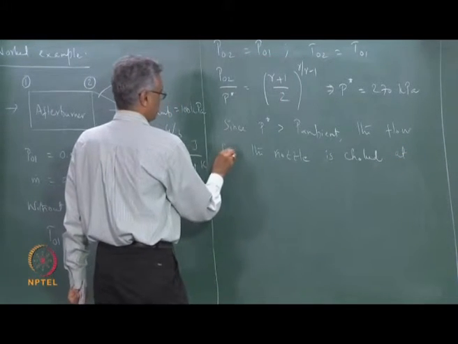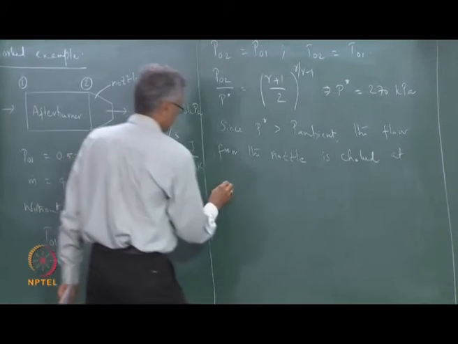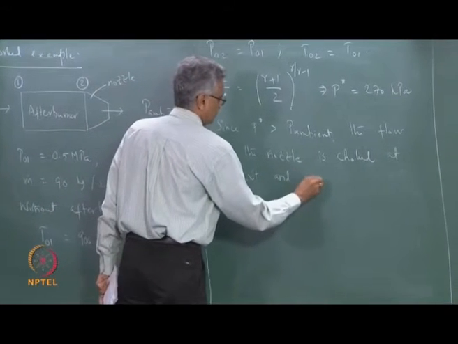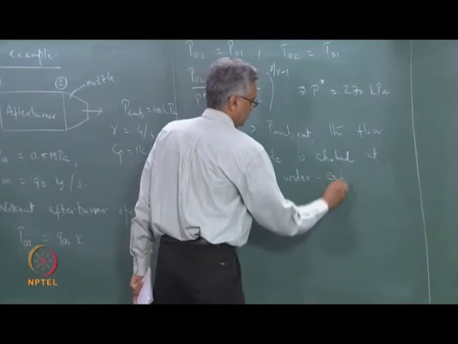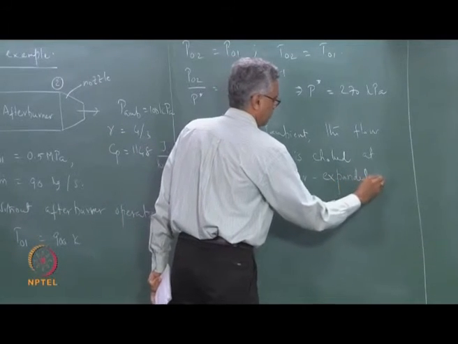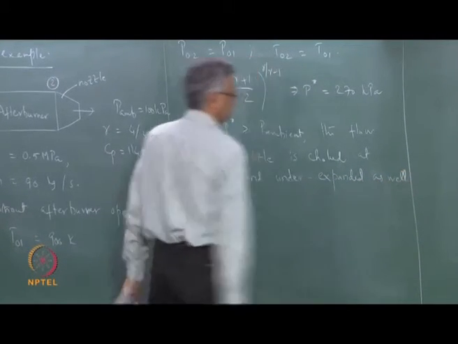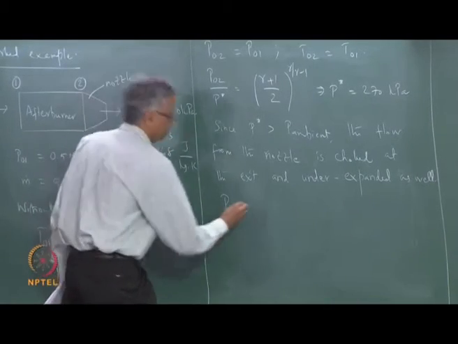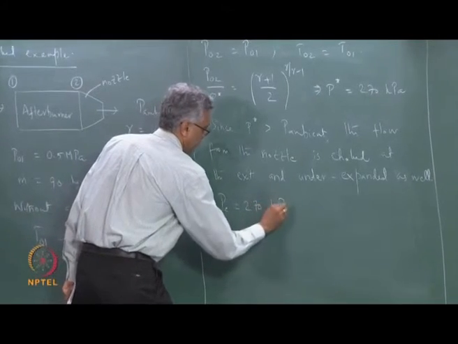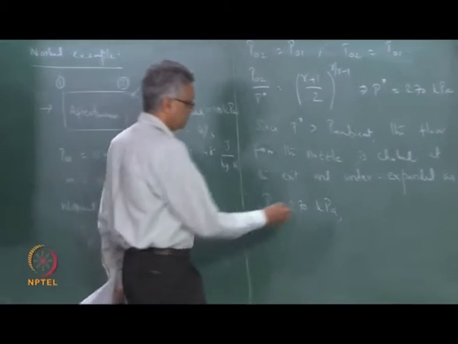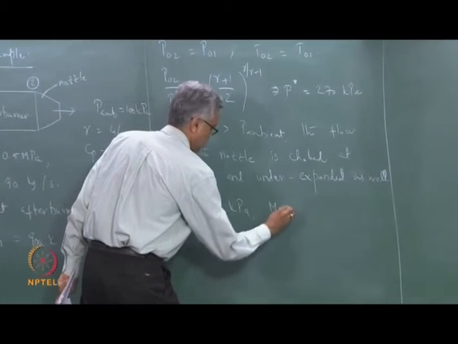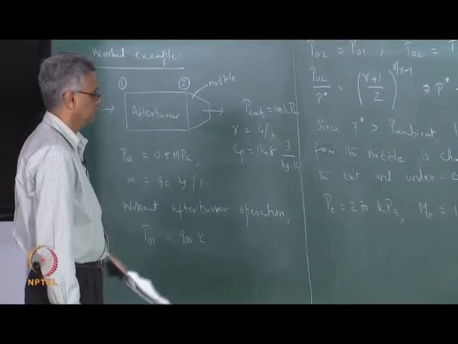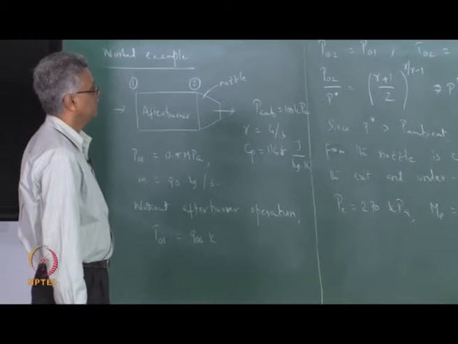So, the flow from the nozzle is choked at the exit and under expanded also. So, P exit is equal to 270 kPa, M exit is 1, and T02 is known.